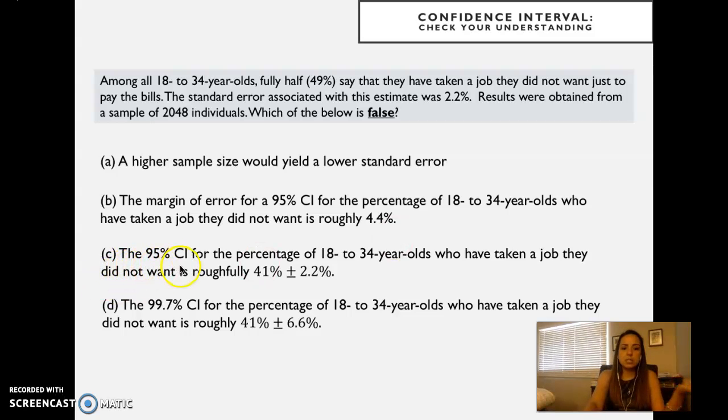C: The 95% confidence interval for the percentage of 18 to 34 year olds who have taken a job they did not want is roughly 41 plus or minus 2.2%.